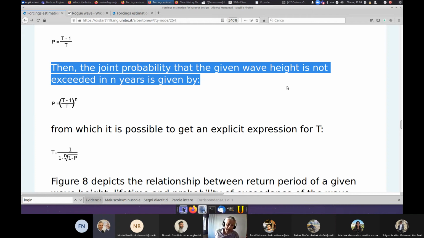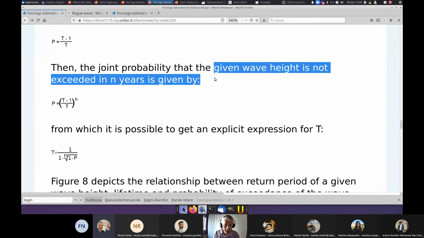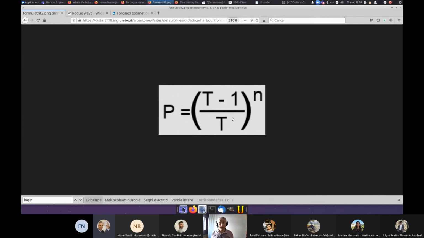Because I am interested in knowing the probability, with a design life of, let's say, 50 years, that the given wave height is not reached, is not exceeded in n years. So I just have to take the relationship between probability and the return period and raise it to the power of the number of years of the expected design life.